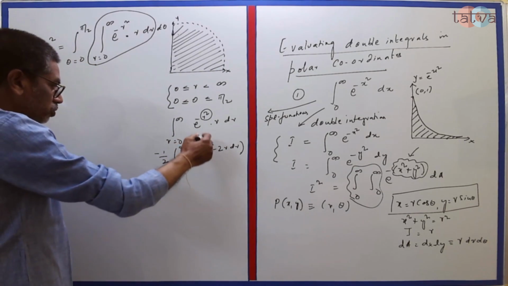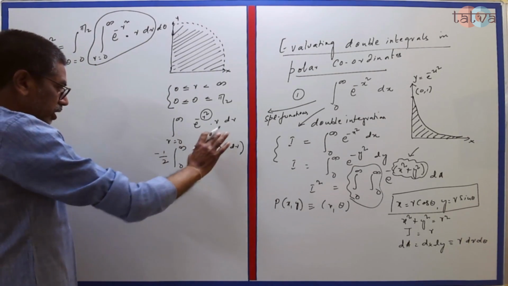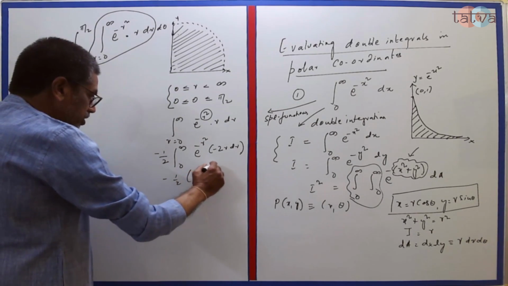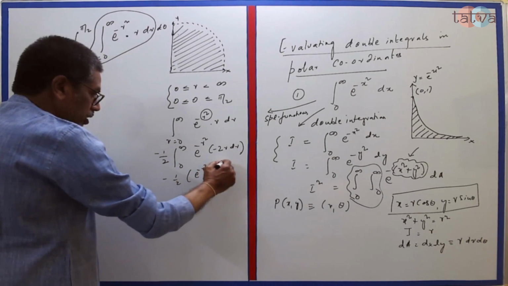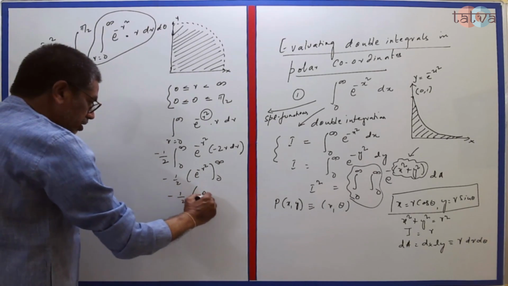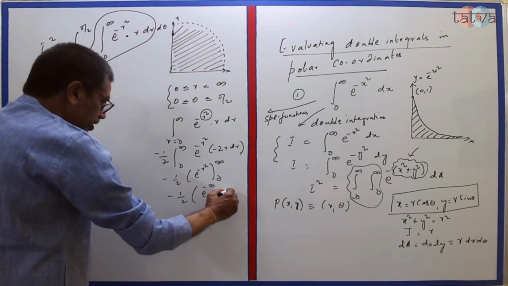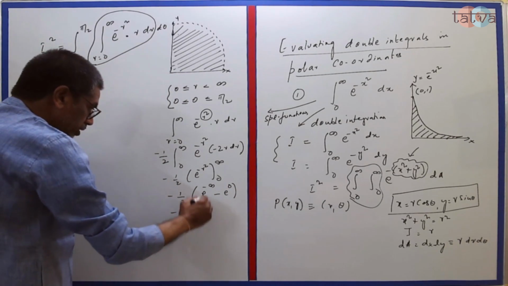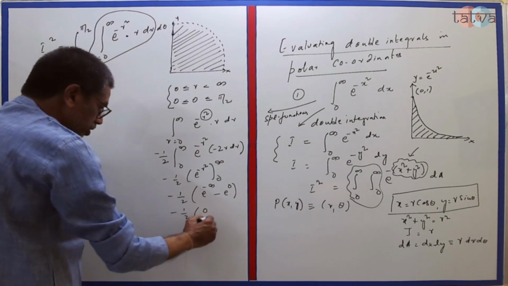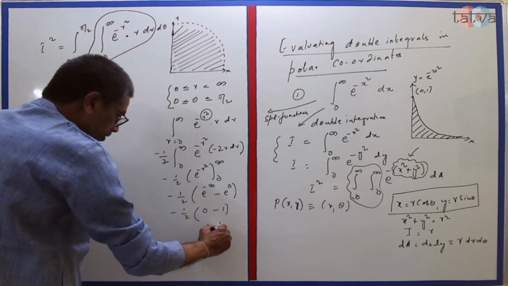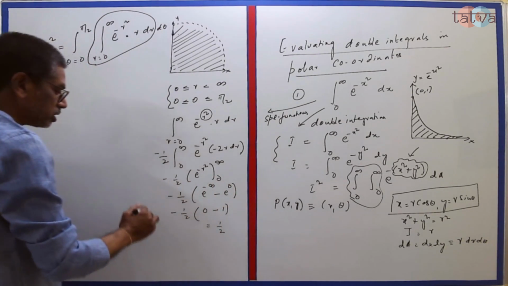So we just have to take this integral and it gives us e power minus r square straight away. So this will be minus half times e raised to minus infinity minus e raised to 0. e raised to minus infinity converges to 0. Of course, e power 0 is 1. Therefore, this output is 1 by 2.